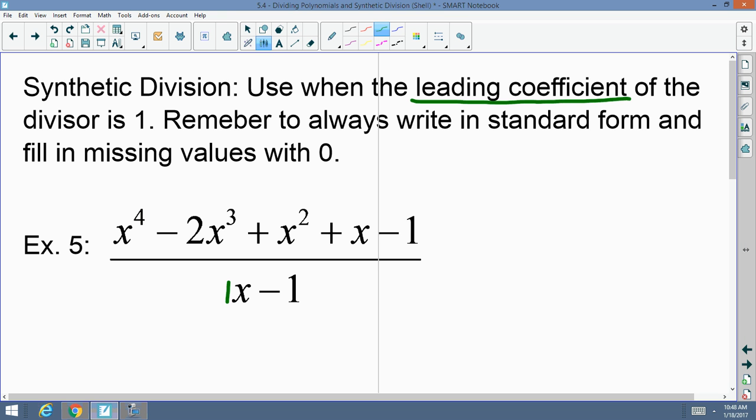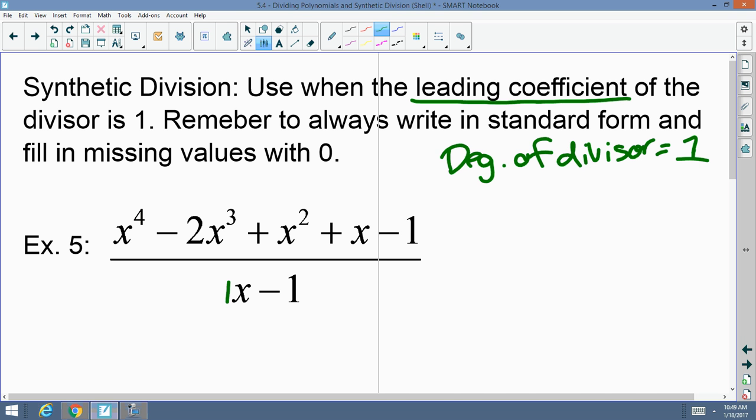Remember always to write in standard form and fill in missing values with 0. And there's one more thing that I forgot to put: not only do you need a leading coefficient of 1, but the degree of the divisor must equal 1 as well.